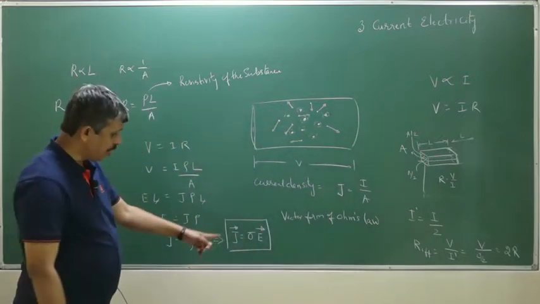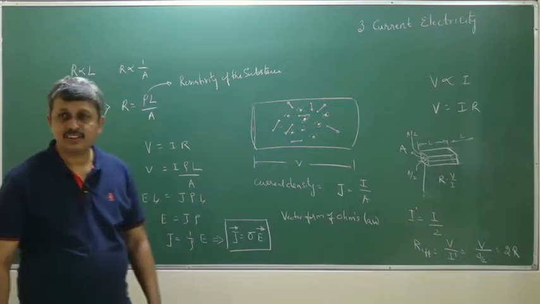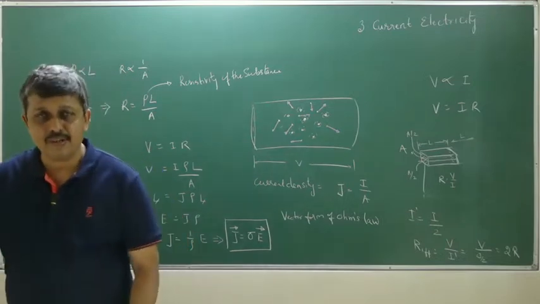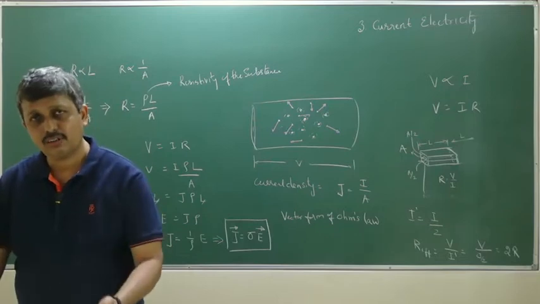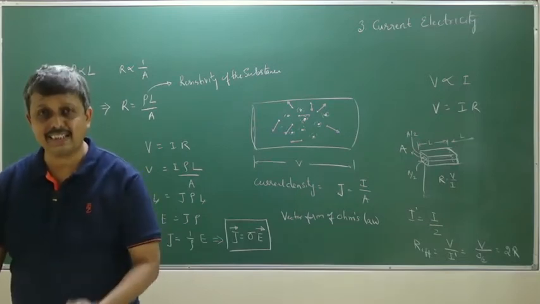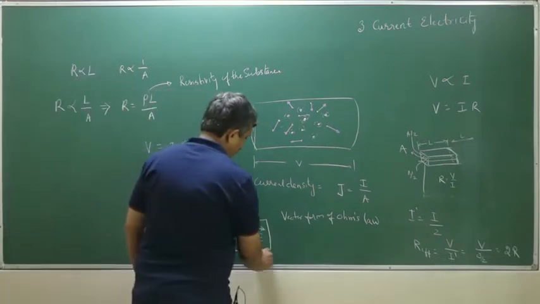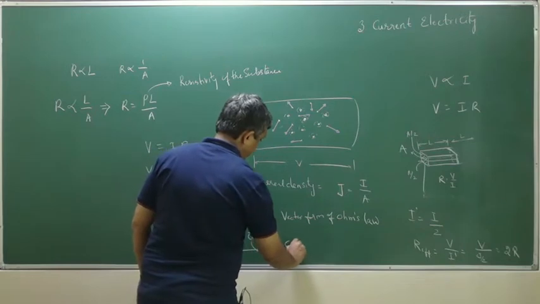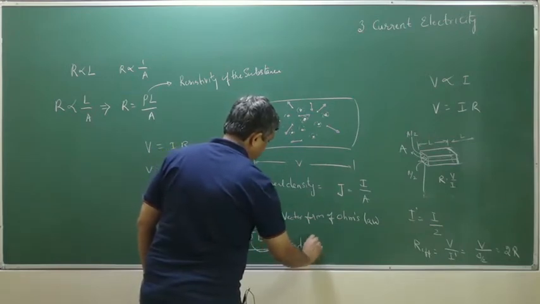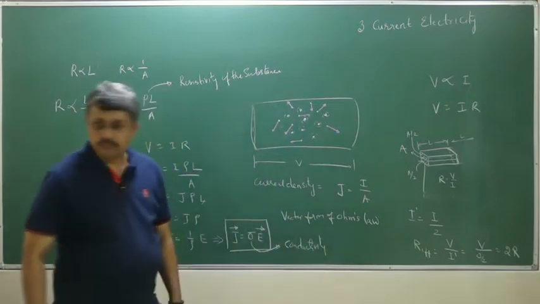Here sigma we call the reciprocal of resistivity. If something resists more, then it conducts less; if it conducts more, it resists less. That is how the words are used. So we call this conductivity.